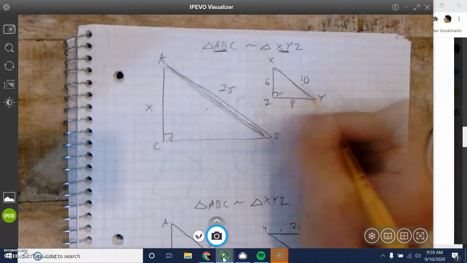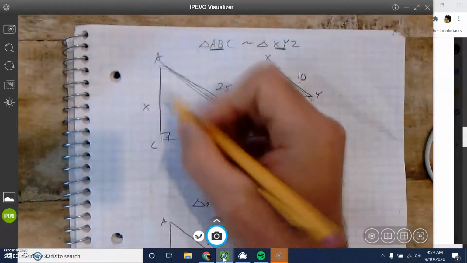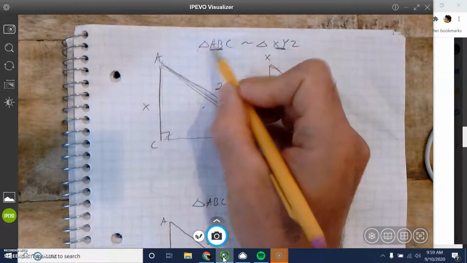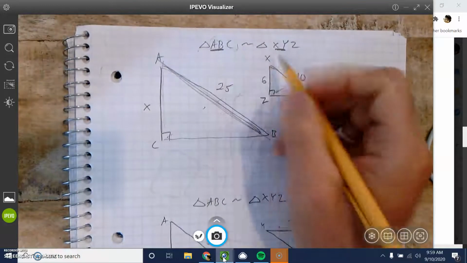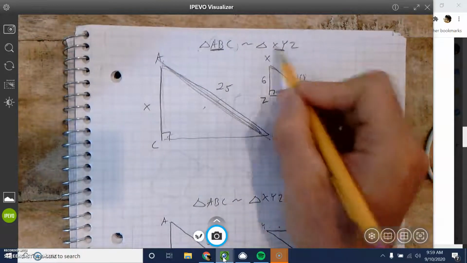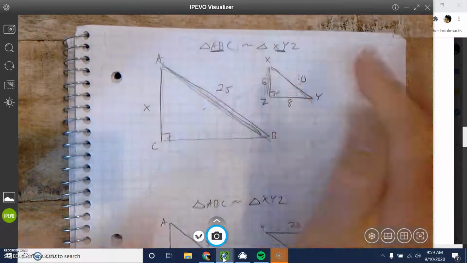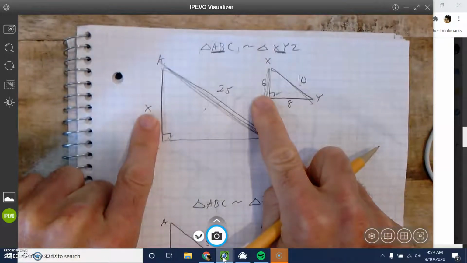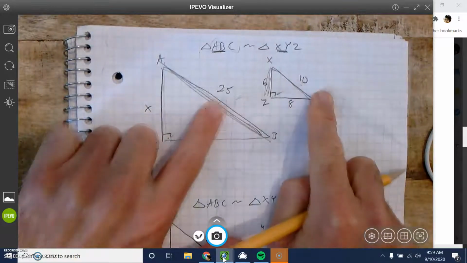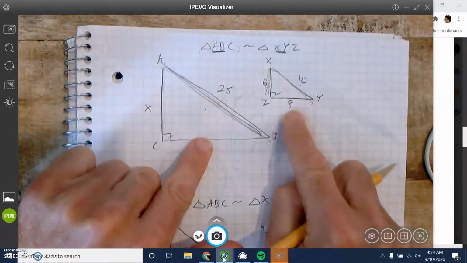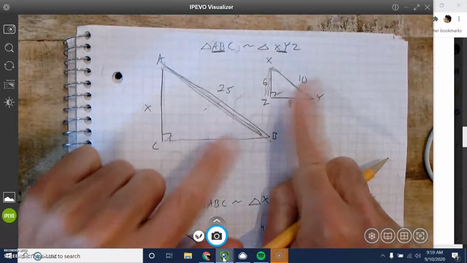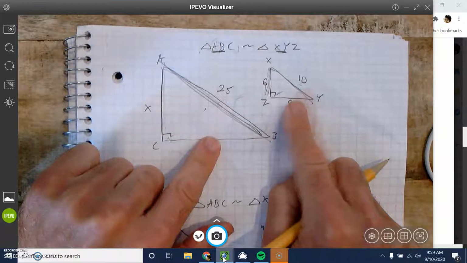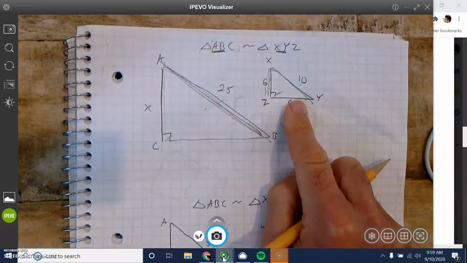That makes sense. Now I'm looking for AC, which is the first and last, and then XZ, first and last, is this. So these 2 sides, not angles, are corresponding, and then these 2 sides are corresponding. The 8 has nothing to do with the problem, so you don't need to use it. That's just extraneous information right now.